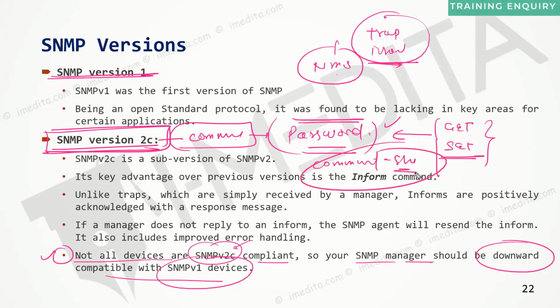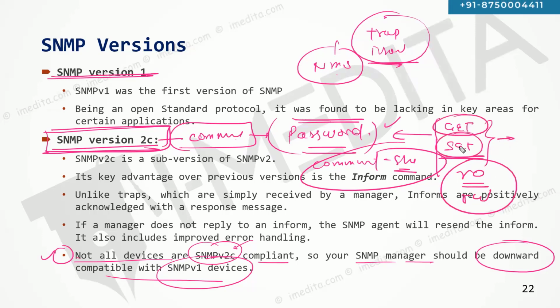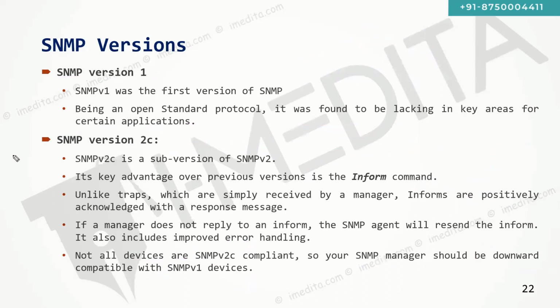Community string acts as a password that can be used to give either read-only or read-write access to the user who is going to query or set the information using SNMP. Version 2C is still the most popular version that we have in our environment. Version 3 is also there, which provides better security, but version 2C still remains the most popular version of SNMP in your production environment.